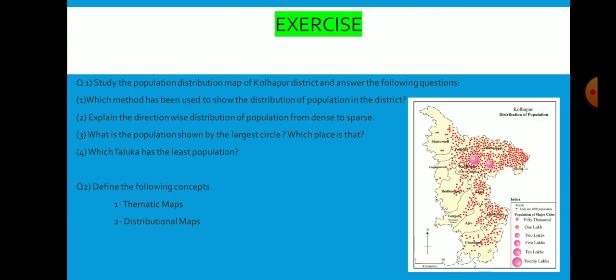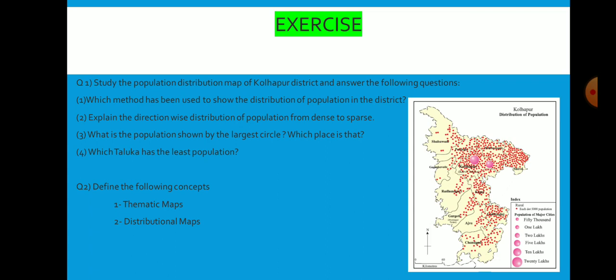Okay, I hope all of you have got an idea how these three methods, the dot method, choropleth method and isopleth method, are helpful for studying the distribution of various variables in a region.